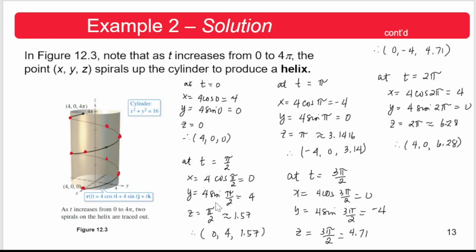For the y coordinate, you multiply 4 by sine of the angle, but the angle is pi over 2, and recall that sine of pi over 2 or 90 degrees is 1 times 4, so we have 4. Then for z equals t, where t is pi over 2, pi over 2 is approximately 1.57. So the corresponding point, if t is pi over 2, has coordinates 0, 4, 1.57.